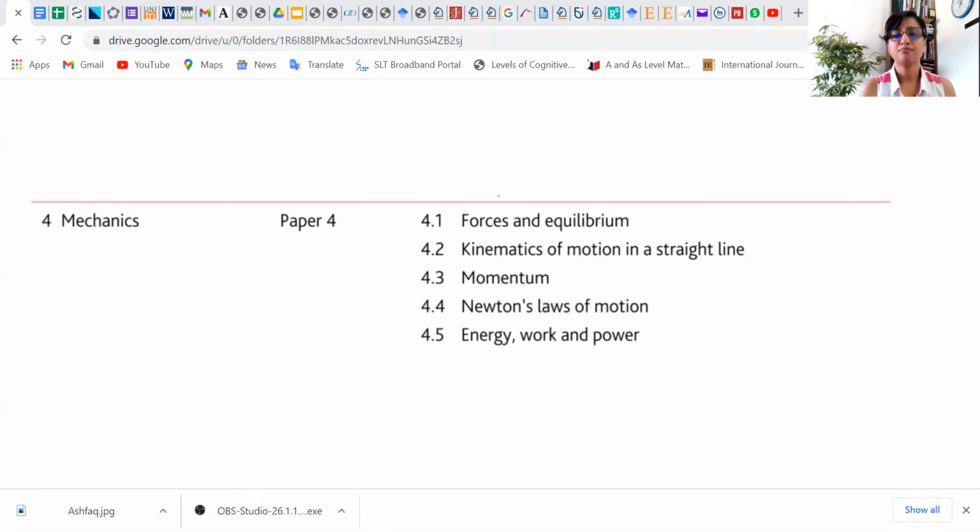As I said, momentum, if you have not learned momentum before, is also something to do with motion. Then Newton's laws of motion and energy, work, and power. I would not want you to copy this because I'm sure you have the booklet like this. I didn't give you the hard copy of it, but I'm sure I sent the soft copy to you. So you all have this document.